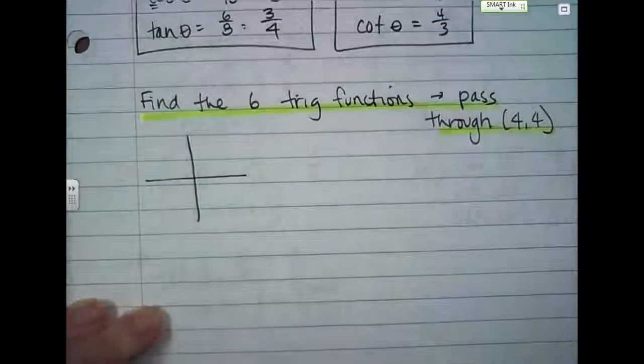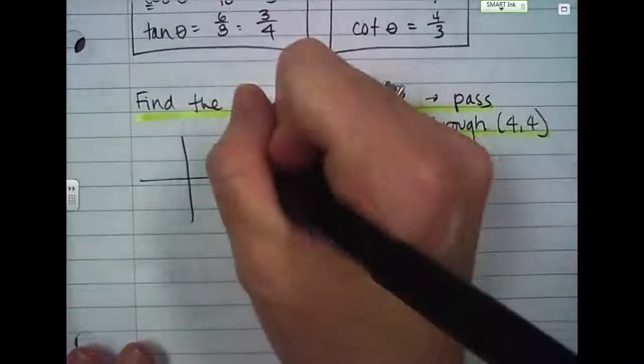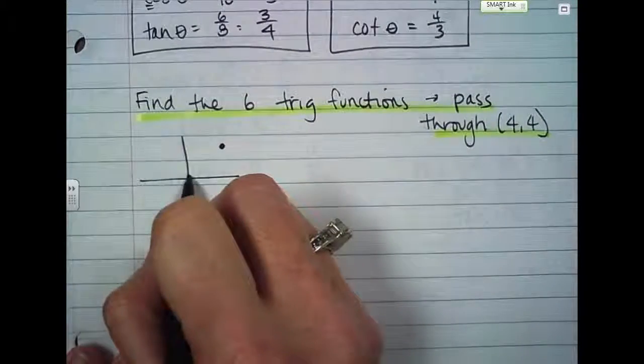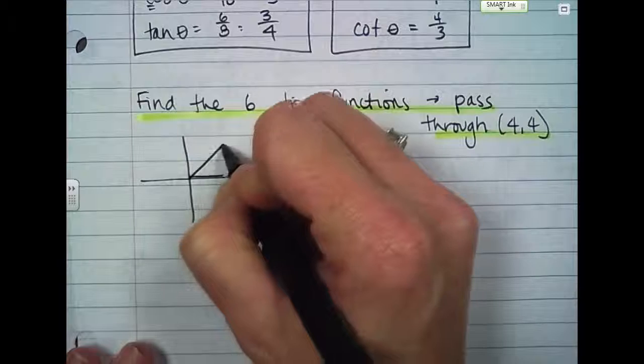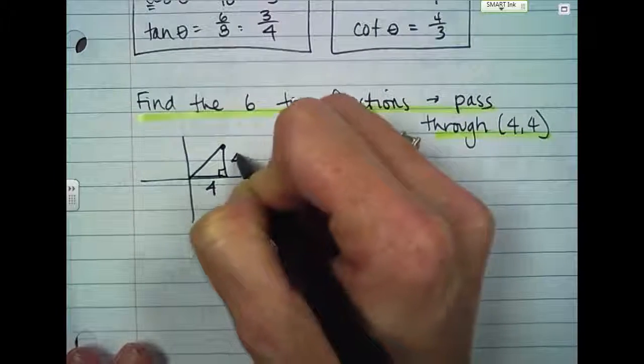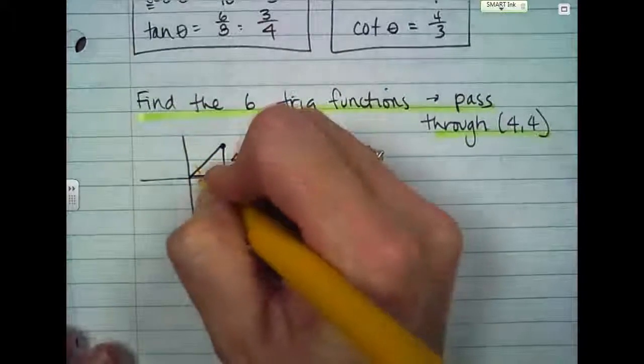Here's my picture. Watch, what quadrant is 4, 4 in, you guys? Good, 1. So I'm right here, 4, 4 somewhere. It doesn't matter. But to get there, you make that same triangle like this. Right? Which means that this is 4 and this is 4. And my angle that I'm looking for is right here.